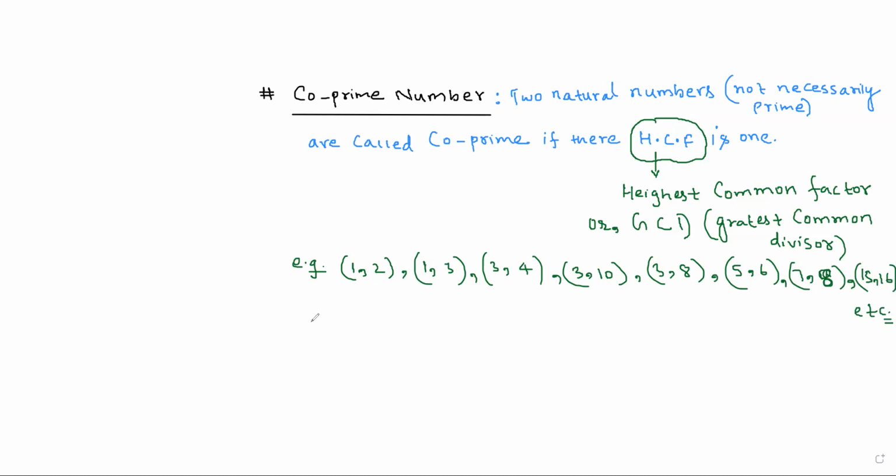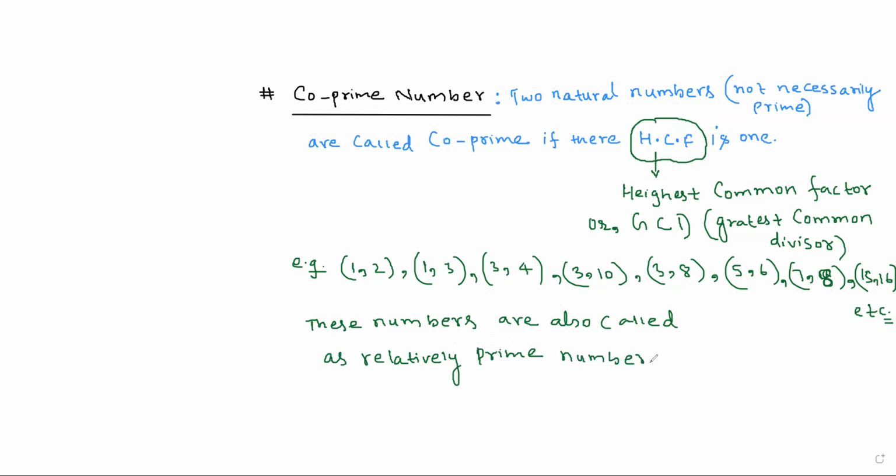One important thing is that these numbers are also called relatively prime numbers. So that is the formal definition of co-prime numbers.